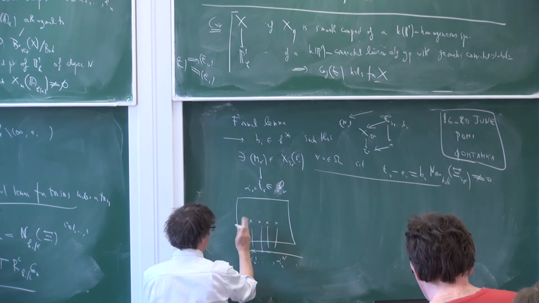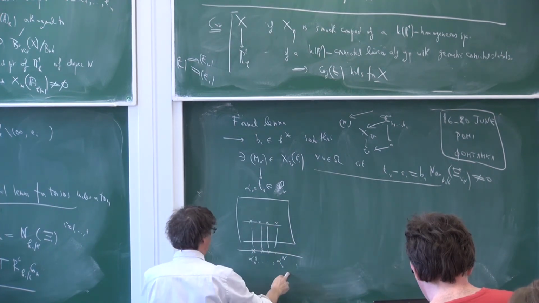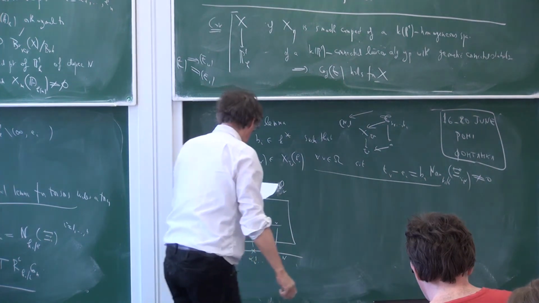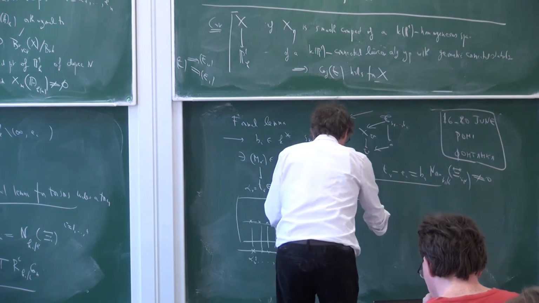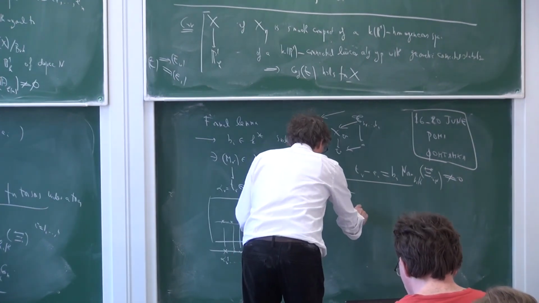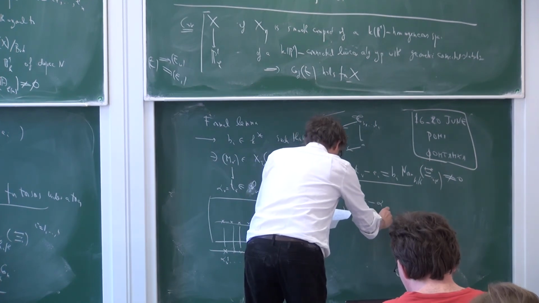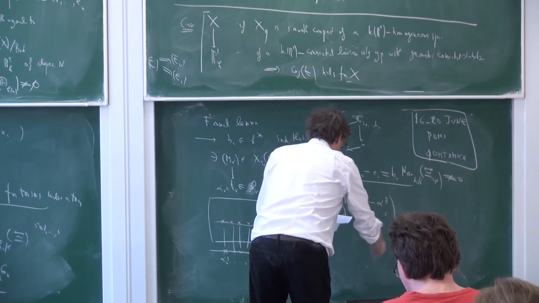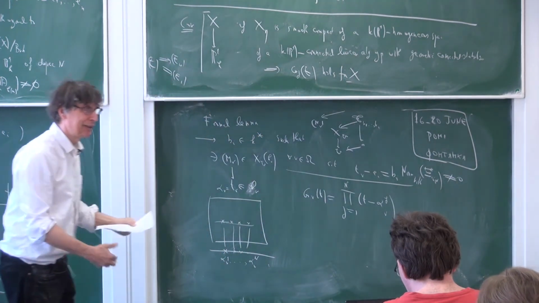I have a point here, so I can move analytically, and I get some points like this, and I take N points like this. Then I define G_v of t to be the product over j from 1 to N of (t minus alpha_vj). Now I do my Euclidean division.